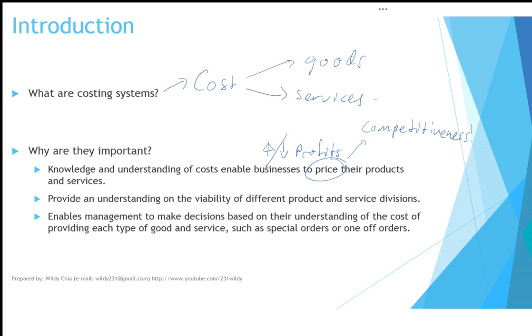So costing enables us as managers to understand the viability of the different product lines and service divisions. This absolutely helps. At least business managers are able to understand better how the costs of production are derived.